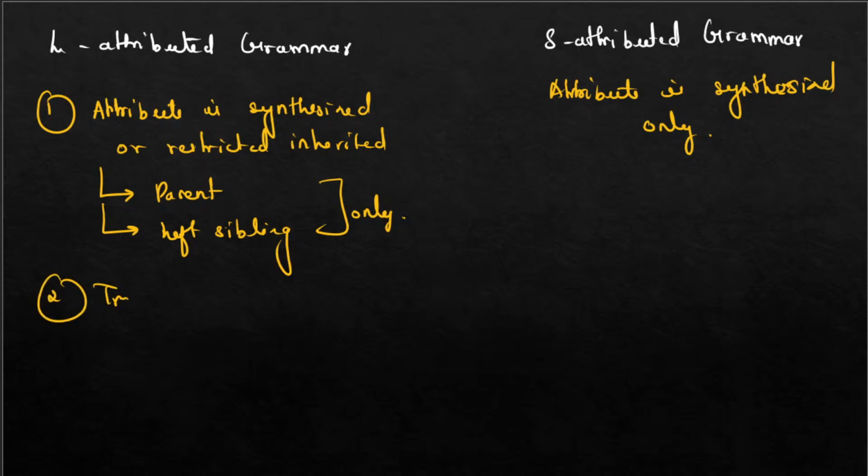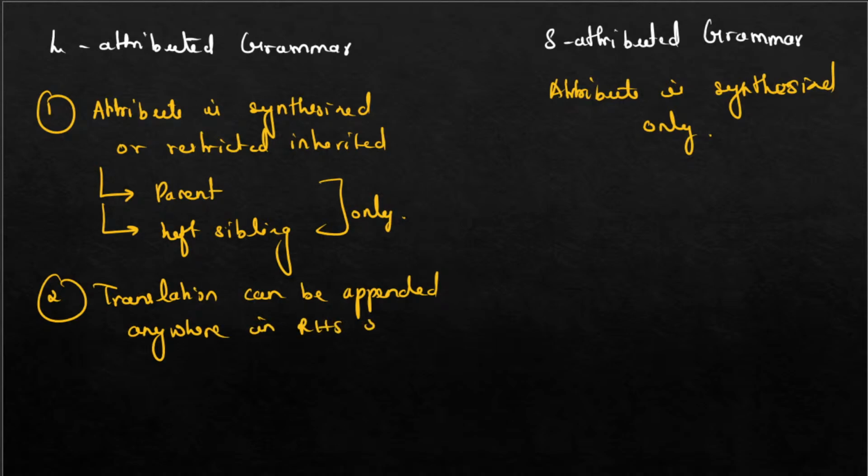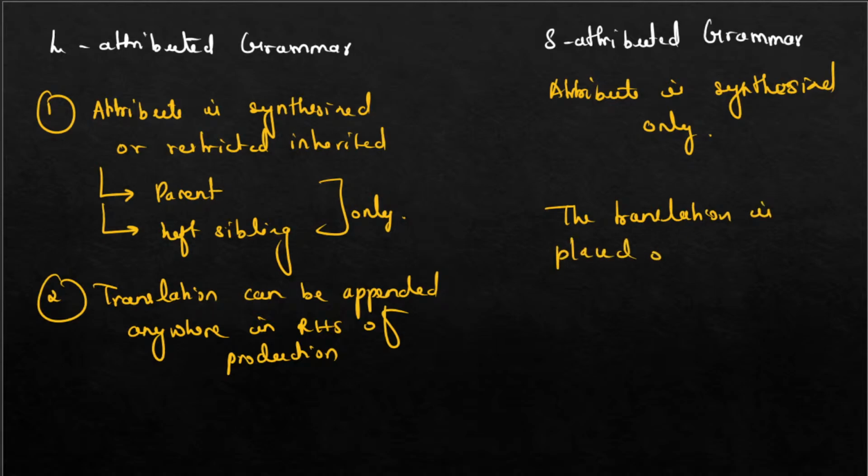Second is translation: in L attributed, it can be appended anywhere in the RHS of production. And in S attributed, the translation is placed only at the end of production.